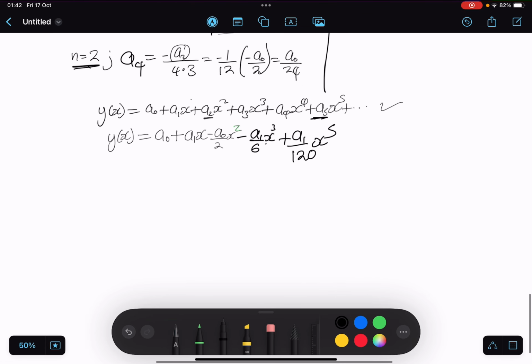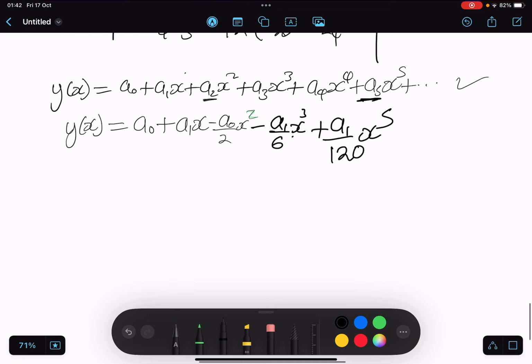So using the same principle, you are going to factor out a naught and list all the terms for a naught, and then plus factor out a1 and list all the terms of a1. So finally our series solution is going to be, listing all the terms of a naught.